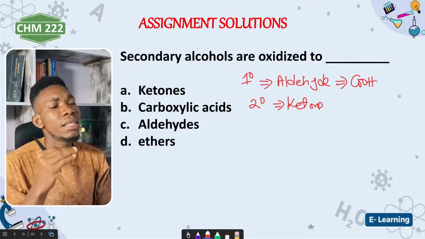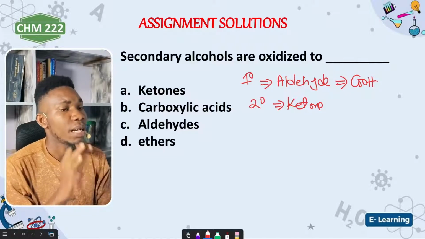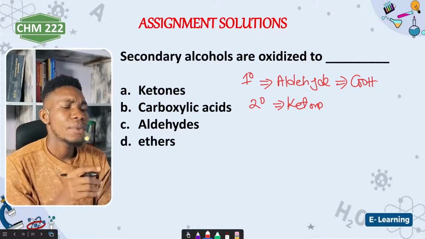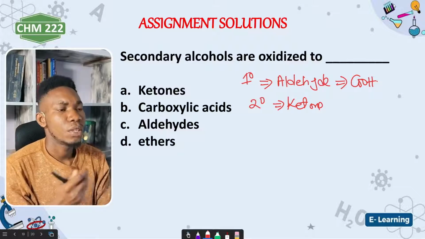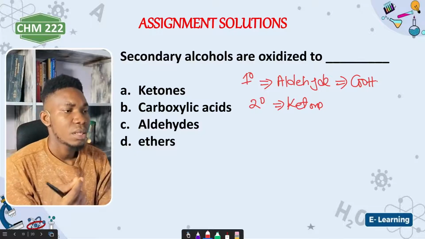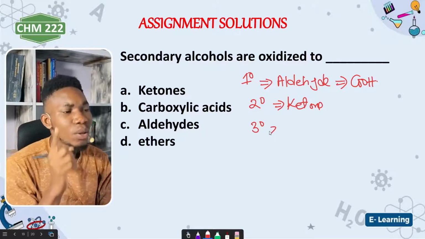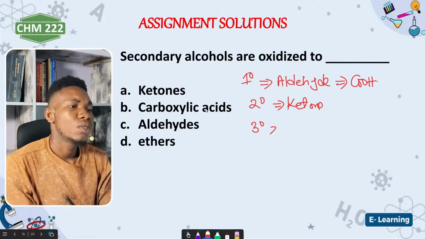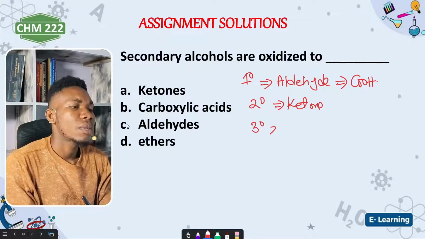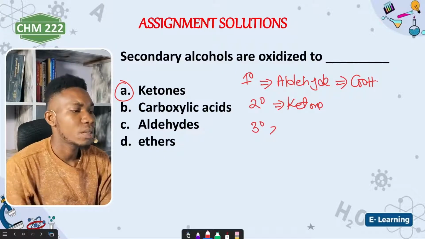If the oxidizing agent is potent enough, it's capable of oxidizing the aldehyde to the corresponding carboxylic acid. However, the secondary alcohols are often oxidized to ketone, and there will be no further oxidation unless in extreme conditions. Is that okay? Now, the tertiary alcohols are not oxidized unless also in extreme conditions, like we said. So the secondary alcohols are oxidized to ketones. So the correct answer is option A. A very simple question, ketone.